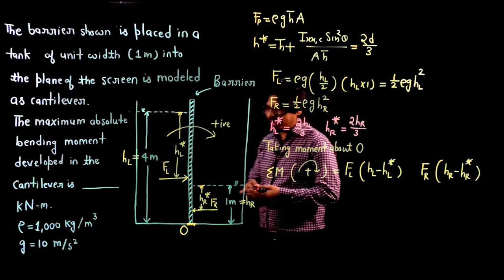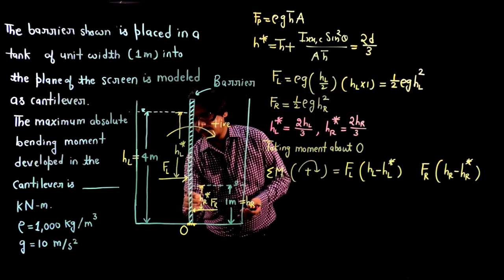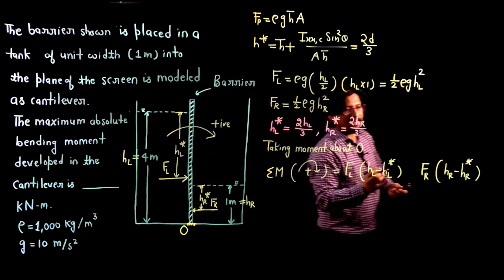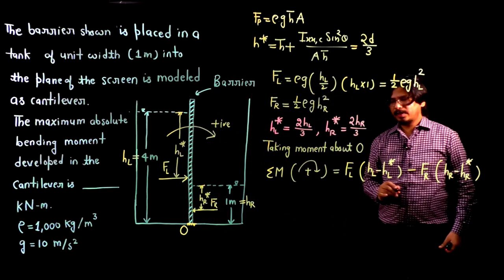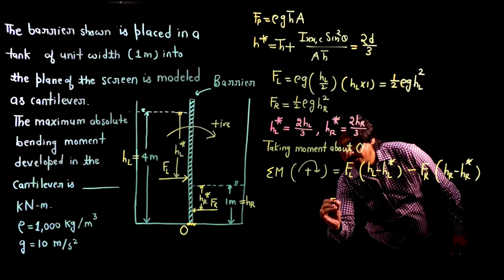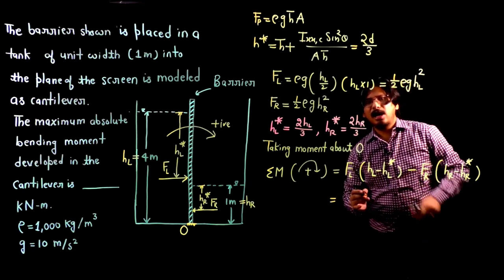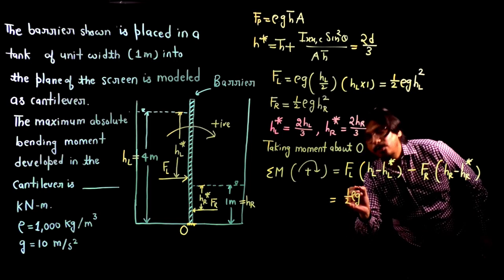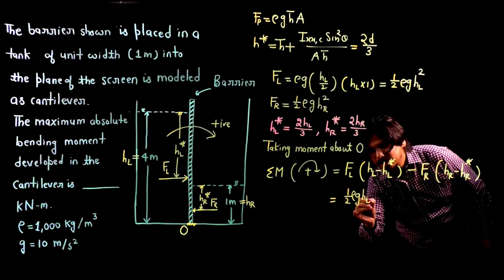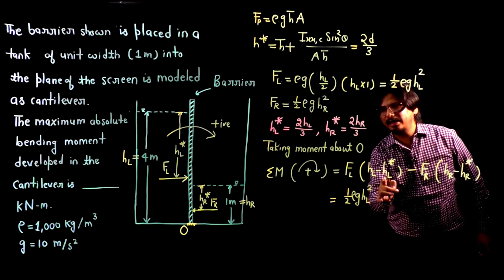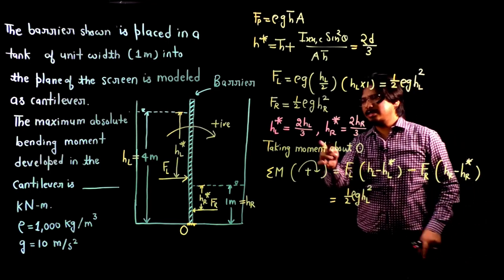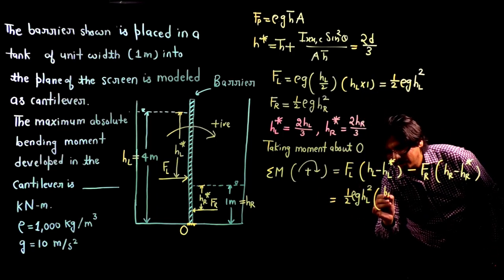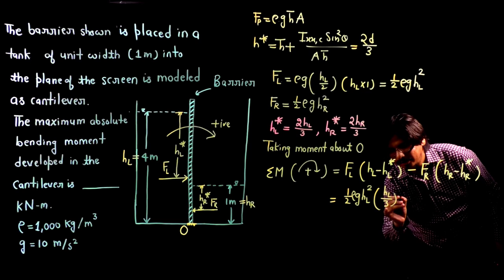Now the moment applied by this force FR will be anti-clockwise, so I am taking it as negative. Now substitute the values, my friends. FL is half rho g HL square, into HL minus HL star, HL minus 2HL by 3. So HL minus 2HL by 3 will give us HL by 3.